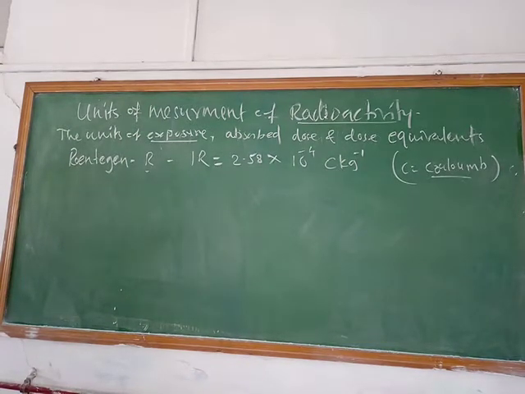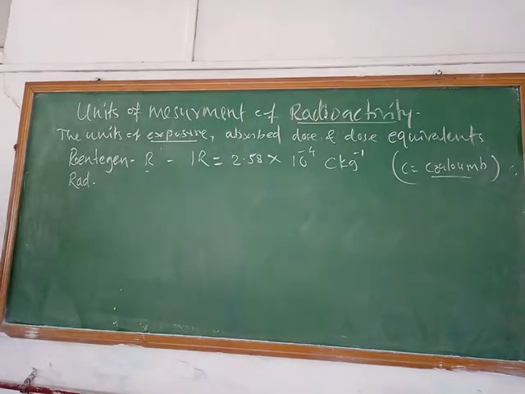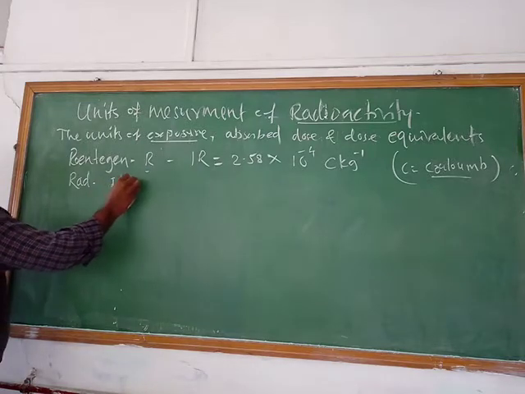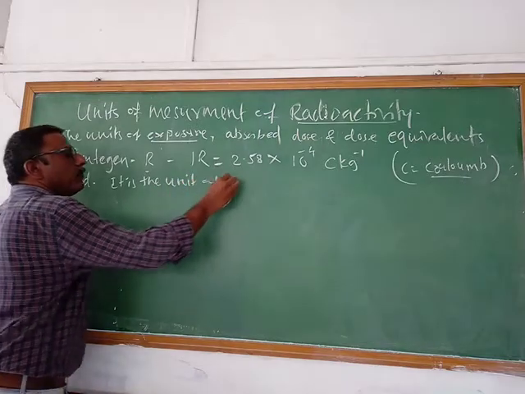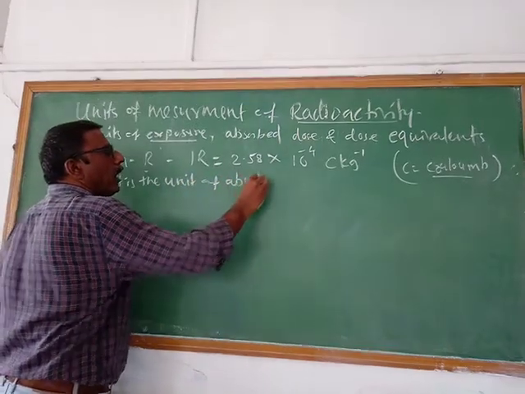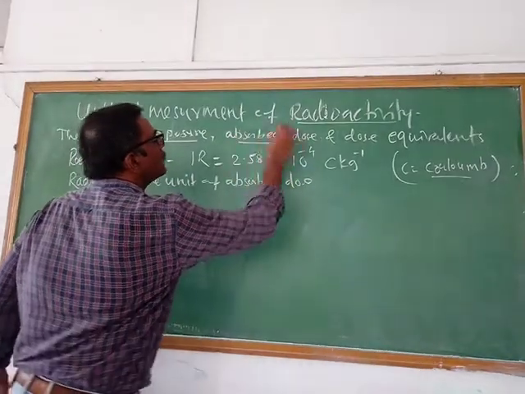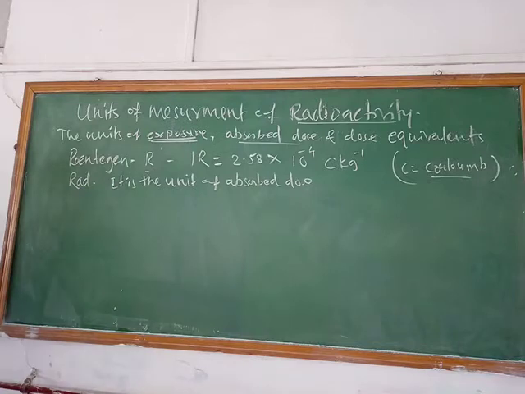The next is the rad. It is the unit of absorbed dose. That means this one, whereas roentgen is the unit of exposure.